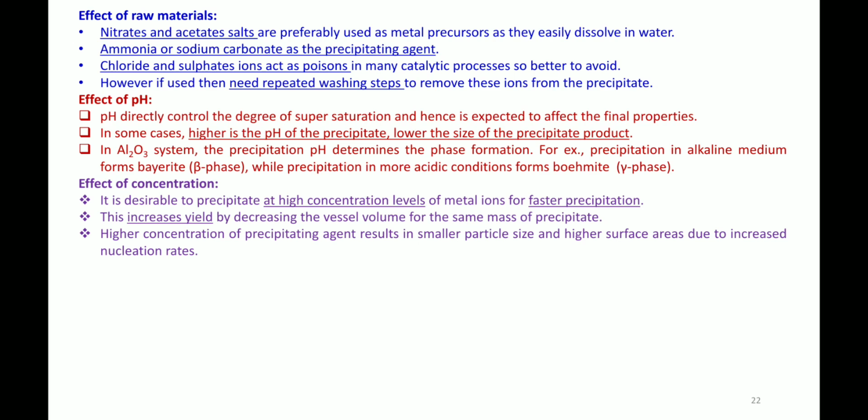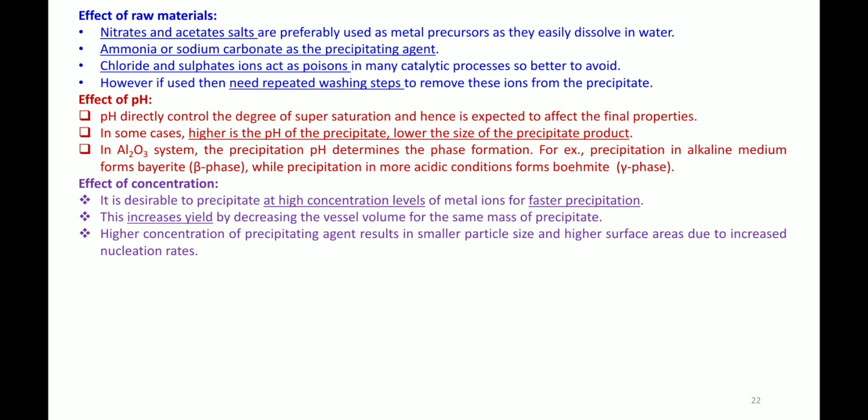Okay, so if you are trying to get more powder at the end of the reaction, then you have to increase the concentration of the solution. Higher concentration of precipitating agent results in smaller particle size and high surface areas due to increased nucleation rate.